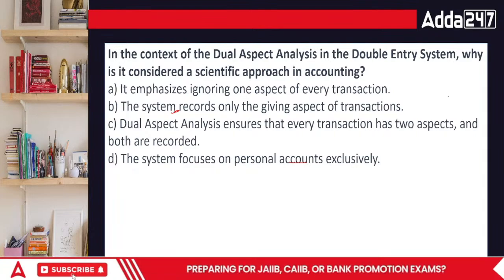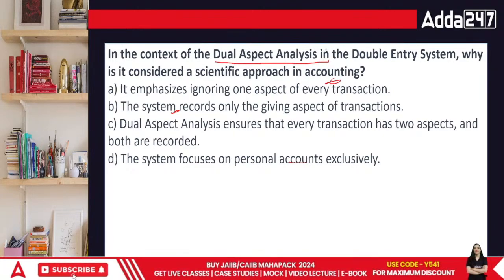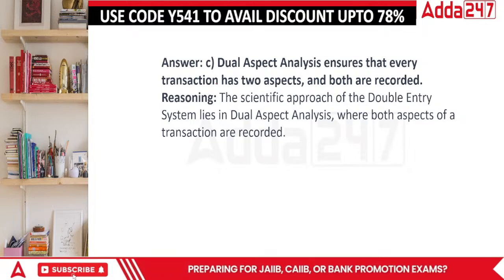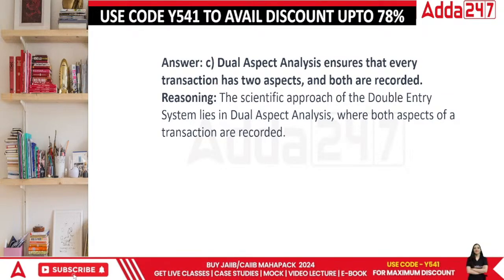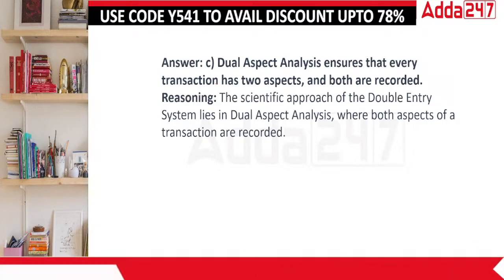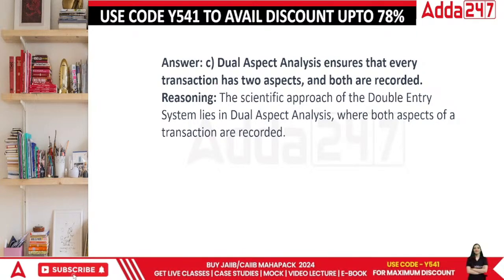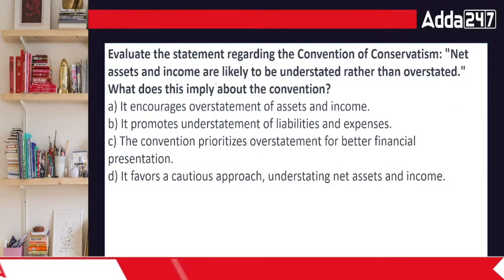No. The dual aspect analysis talks about the duality. Matlab debit and credit, both aspects are recorded of everything. So in this case, what's going to be the answer? The C is the answer because we talk about dual aspect.